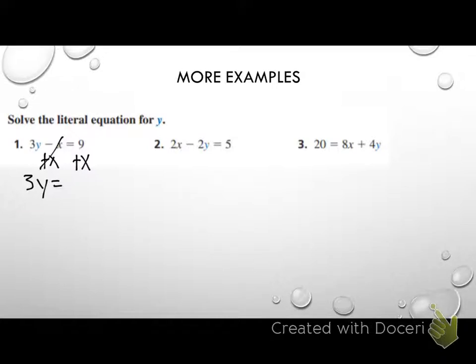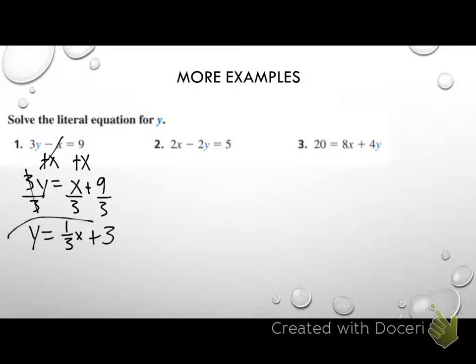Very good, they're not like terms. So I just get x plus 9. And then my last step, divide both sides by 3. So I get y equals 1/3 x plus 3. And now my equation is solved for y. Any questions with number 1?